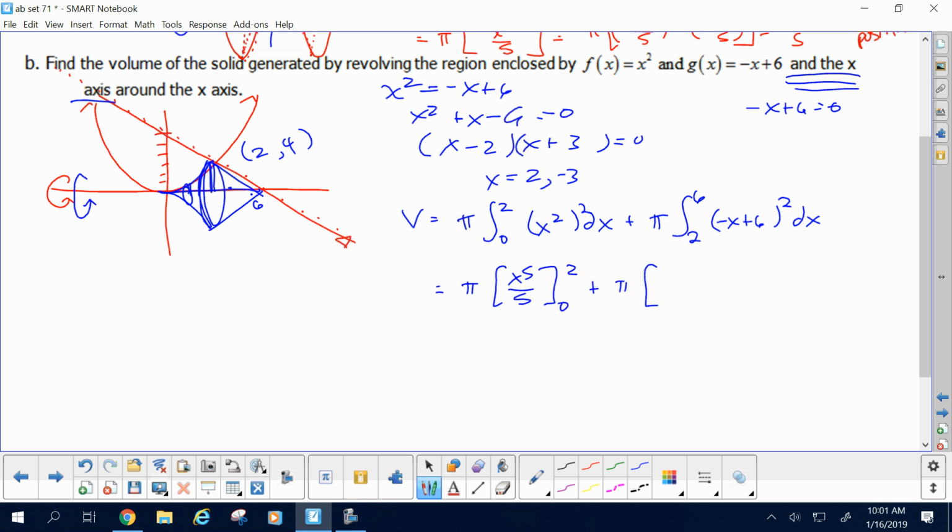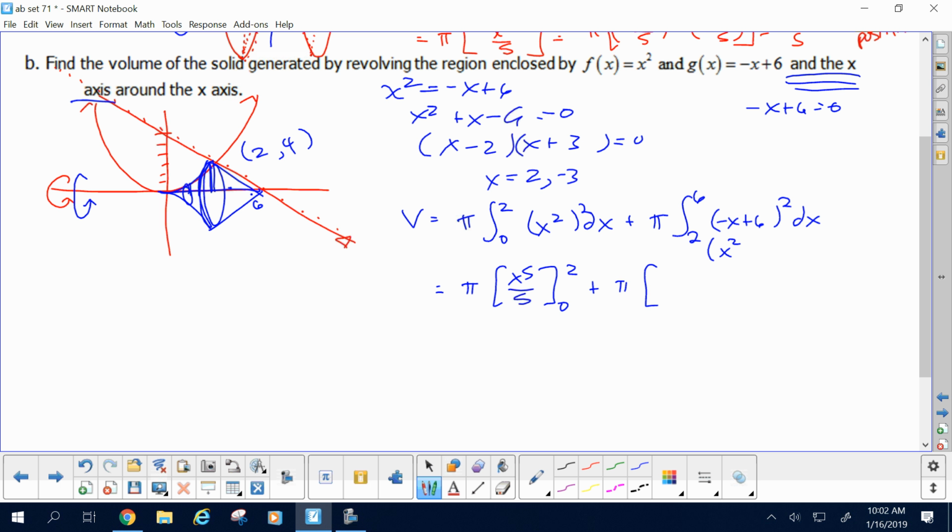But this guy, can I integrate that the way it is? I guess you could try to use substitution, but I wouldn't. So what's a better way to integrate that? Factor it out. What is that multiplied out, FOILed out? X squared, it'll be a 36. Please don't just square those two. That'll make me mad.